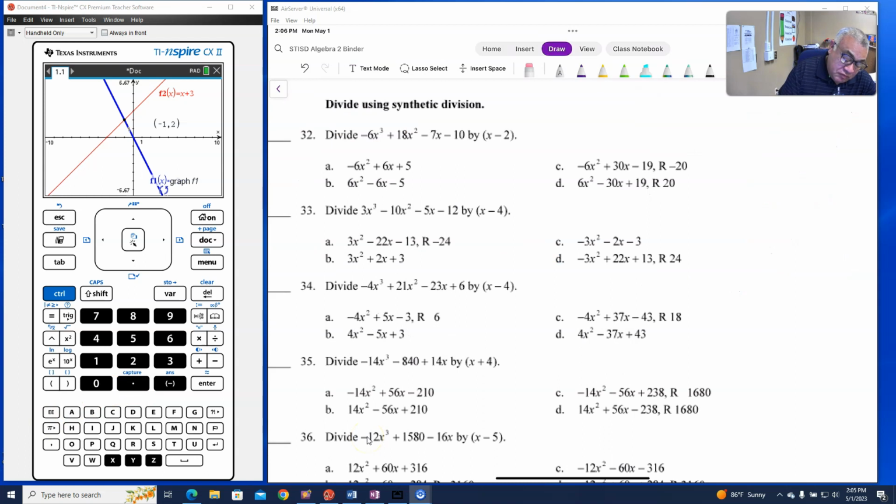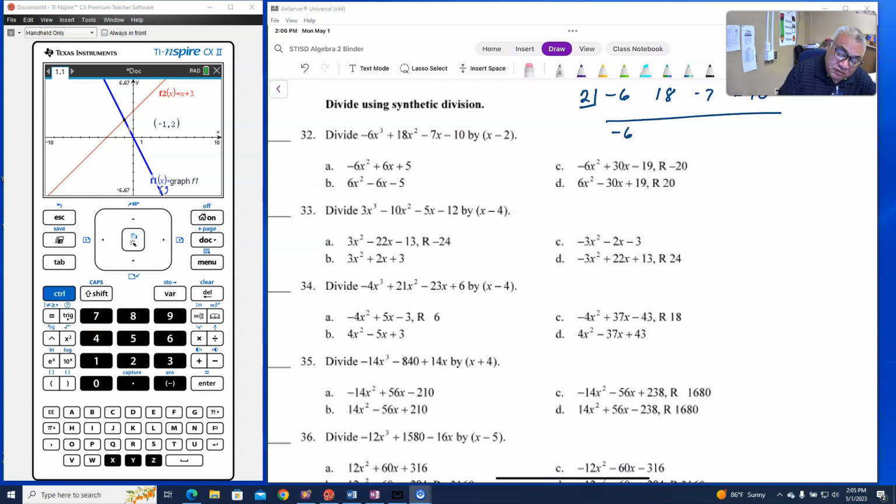So once again, we're going to divide -6x cubed plus 18x squared minus 7x minus 10 by x minus 2. So you have 2 on the side. And you have -6, 18, -7, -10. Bring down the -6.